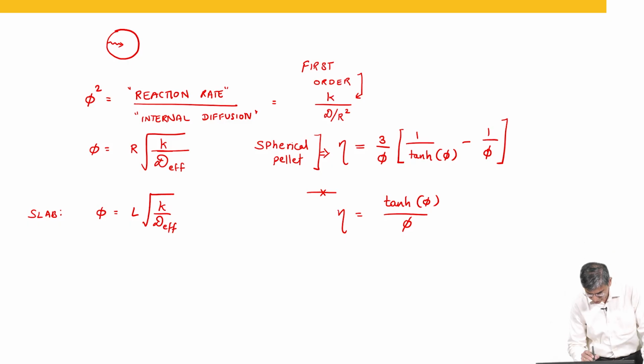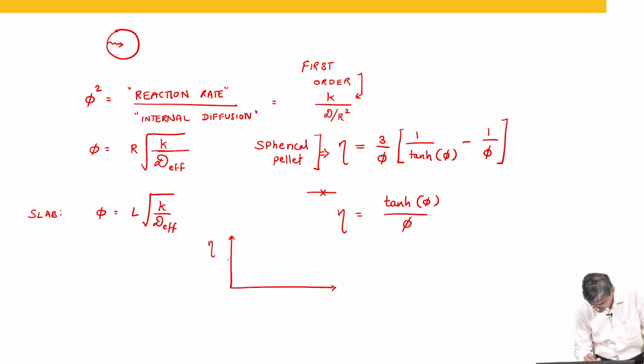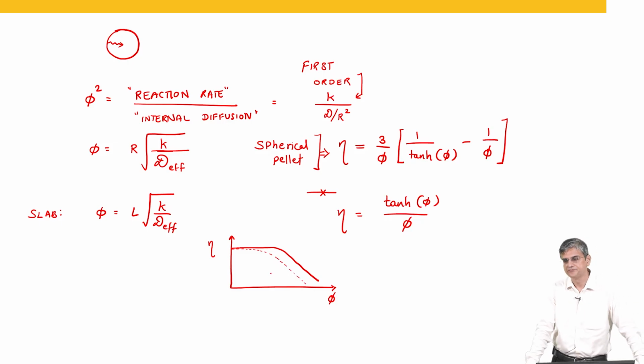Now if we were to plot eta versus phi on a log scale, what we are going to get is this for slab, this for a sphere. So we are going to get different things for slab and sphere, obviously, because your expressions are different.